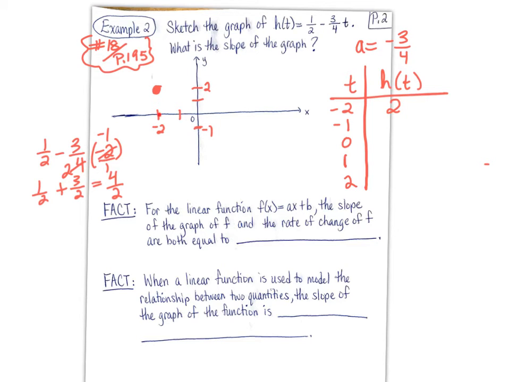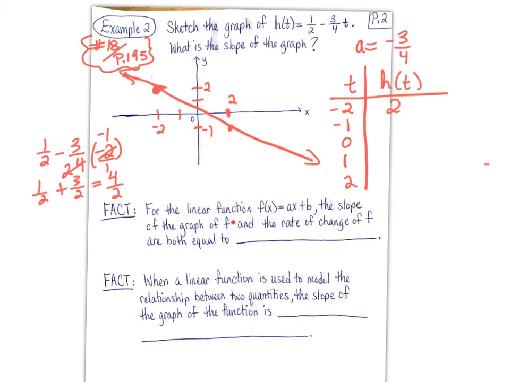So 1, 2, 3, and 4. So we're right here. And when we're there, x is what? 2, right? And then what you can do is you can sketch your graph. And we need 2 points. And that's your line. Very good. Okay?